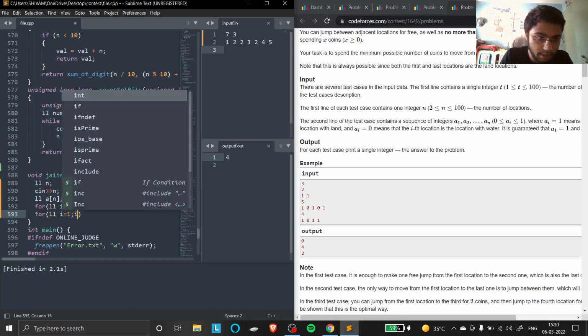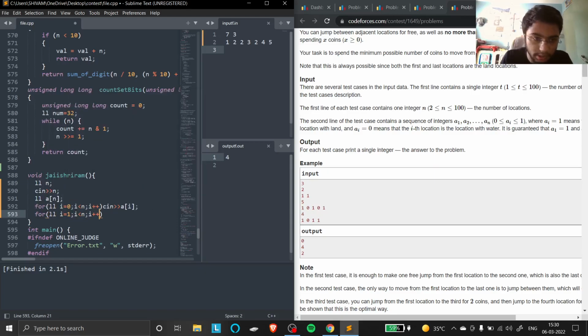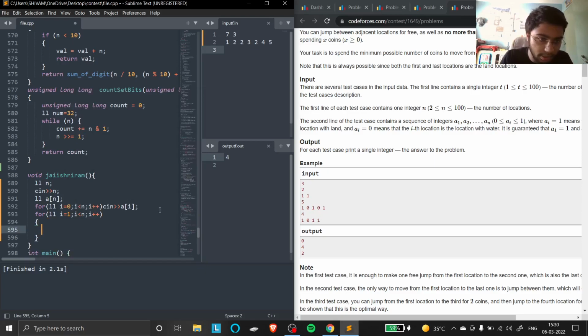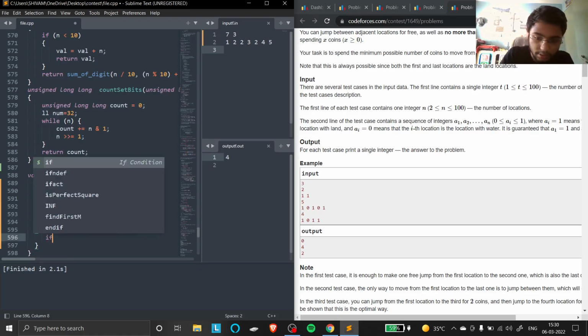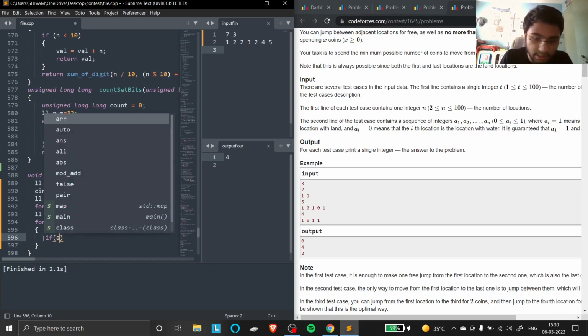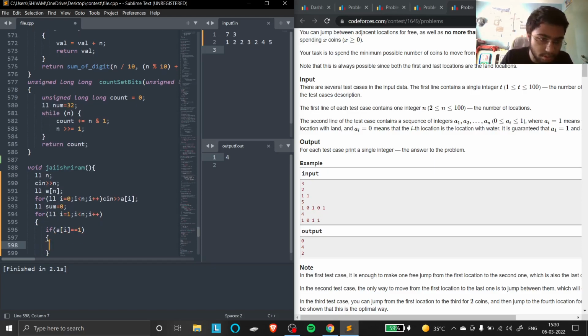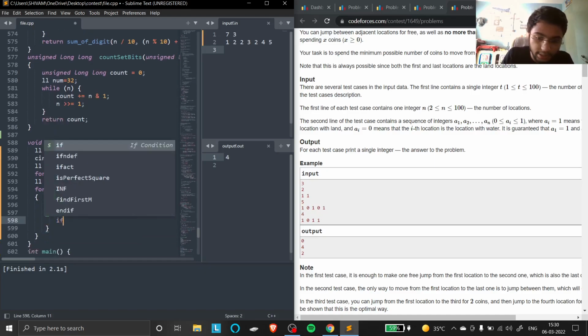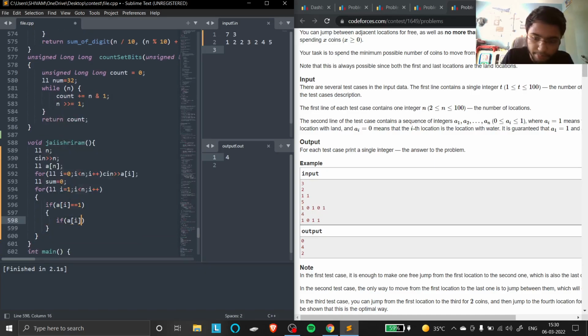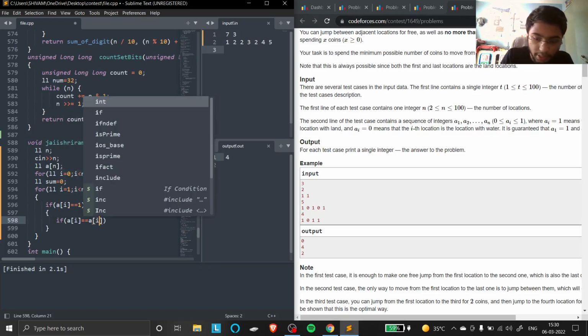We'll start from 1 and go till n, and calculate the sum equal to 0. Let's say a of i is equal to 1. So we will first check whether a of i minus 1 is also land.